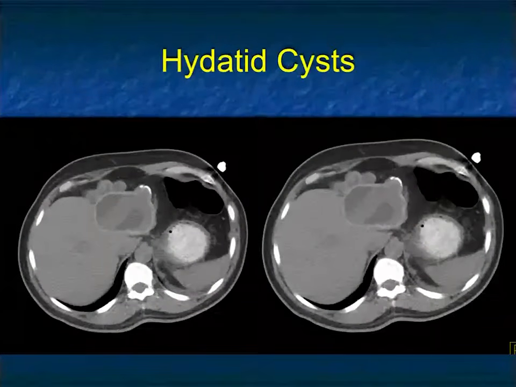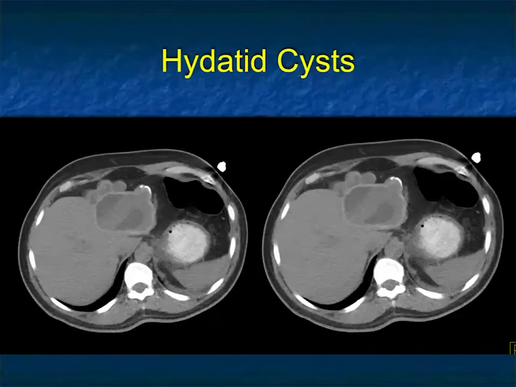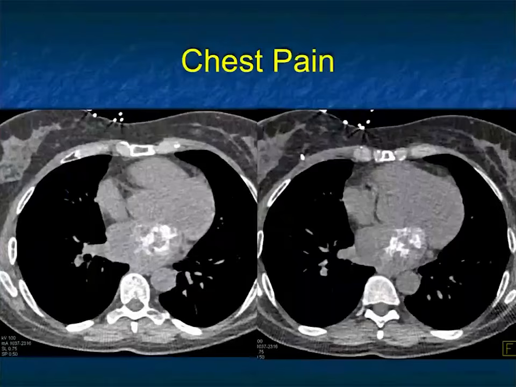Hydatid cysts, multiple daughter cysts, can have rim calcification, can be somewhat tricky, and again, the key is to think about the possibility. I know many of you who are on this call or will listen later are from areas of the world where hydatid cysts are endemic. So you probably see far more of them than I do.